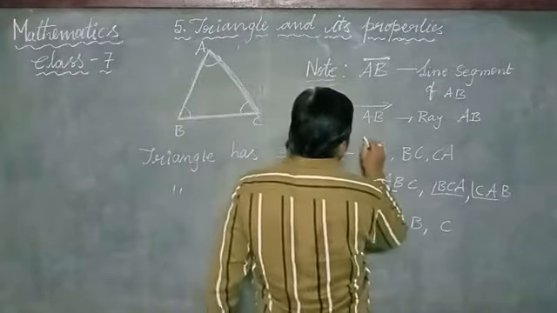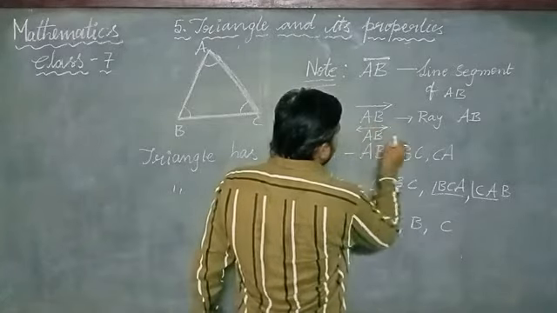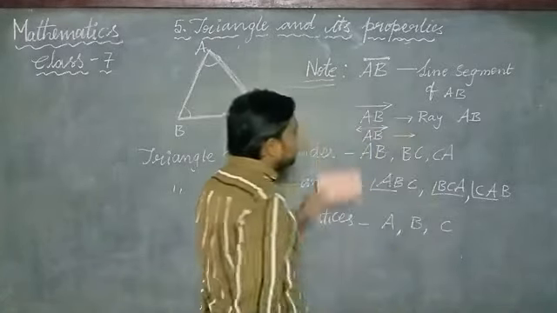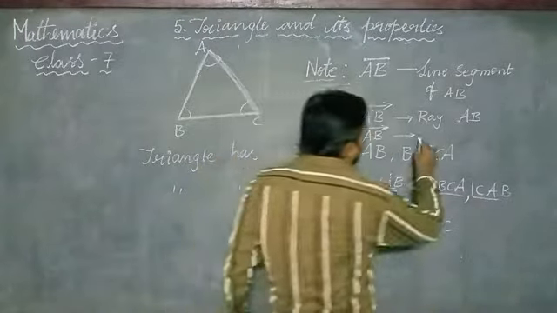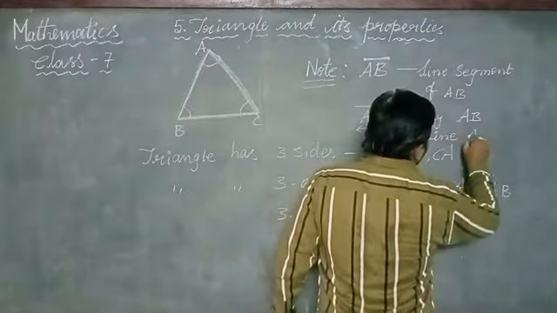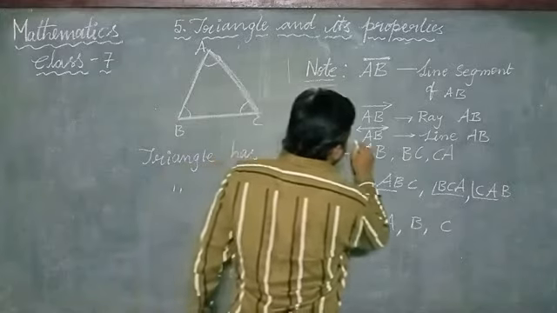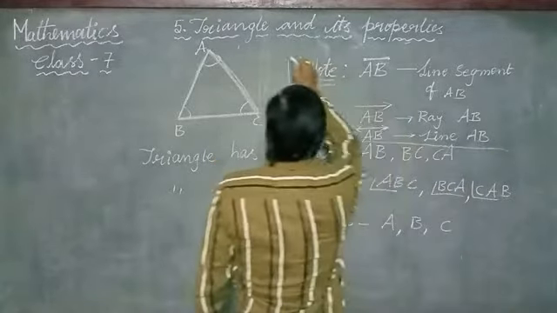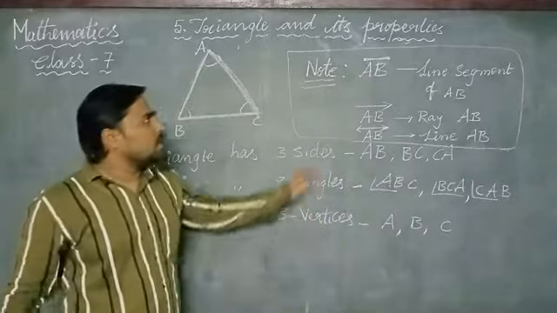Now, suppose you see a symbol like this, and this is the line. It is representing the line AB. These are the different types of notations we will be using in this chapter.